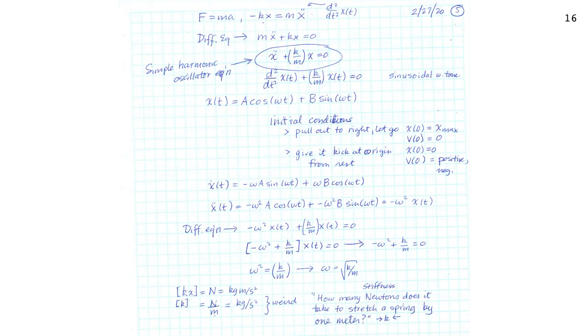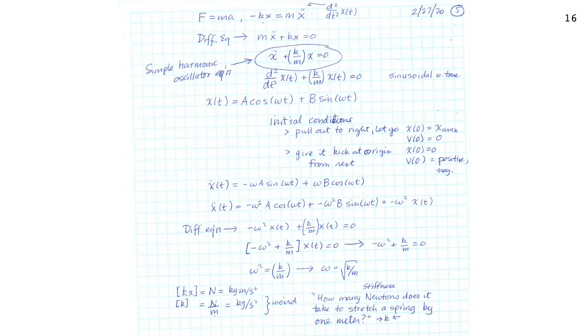Minus omega times a sine of omega t. And then sine is positive, so this is omega b times cosine of omega t. Can you see that another differentiation is going to get us back to cosine omega t and sine omega t? So we're doing good here.